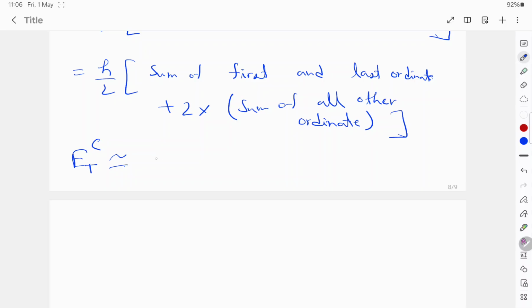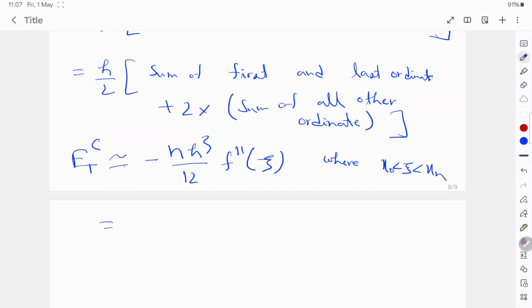So if you have n sub intervals, basically it is minus n h cubed by 12 f double dash xi, where x0 is less than xi less than xn.